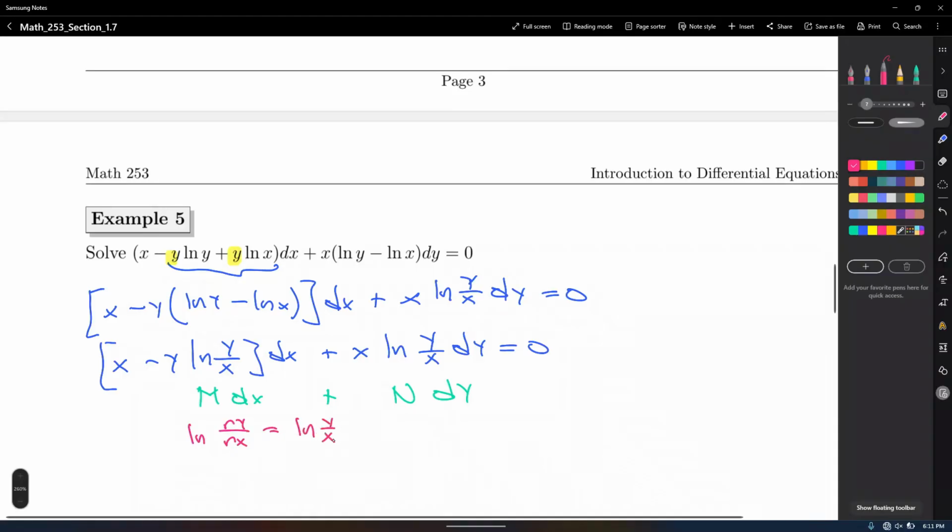It's ln of simply y over x, so that doesn't affect whether it's homogeneous or not. However, let me do a what-if.